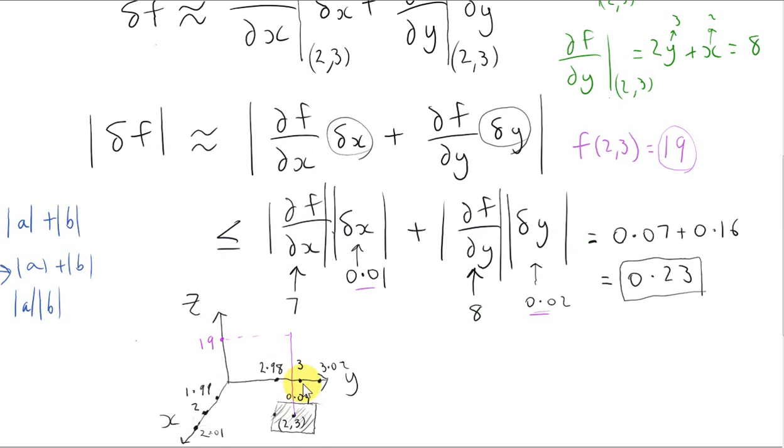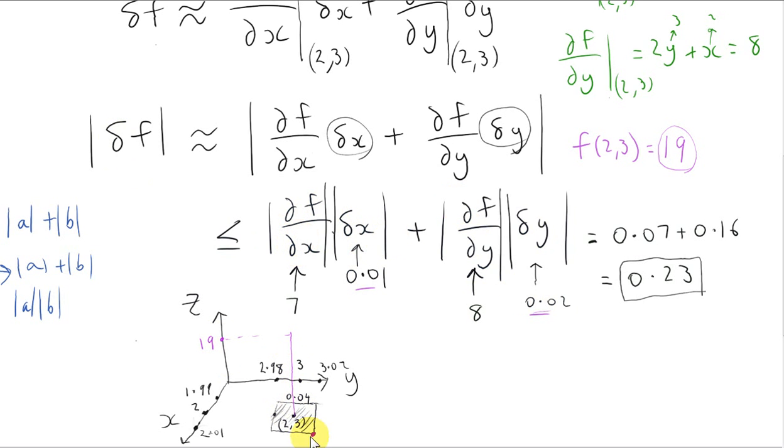It appears that the function has its maximum value in this region at this corner here. So when delta x is plus 0.01 and when delta y is plus 0.02. Now both derivatives are positive, so we don't even have to worry about the magnitudes of them. So this value is a possible value for delta f.